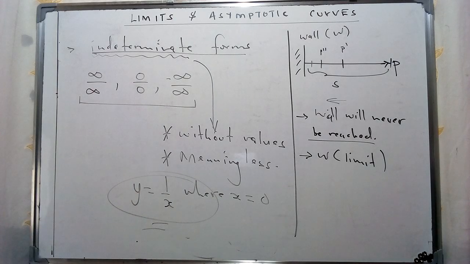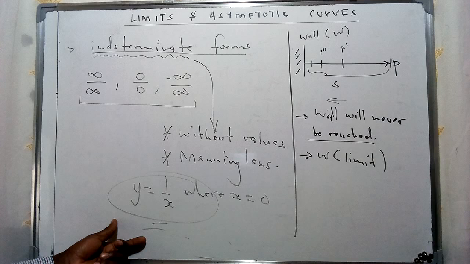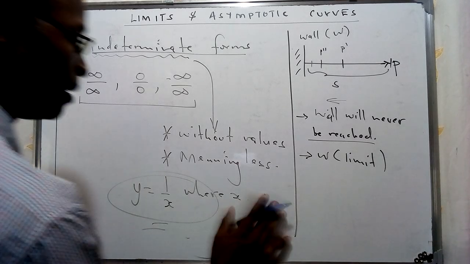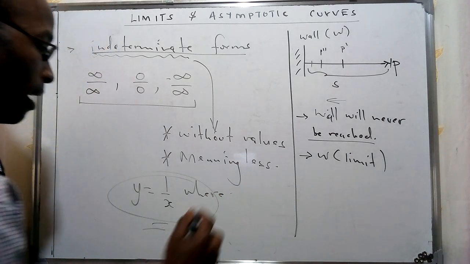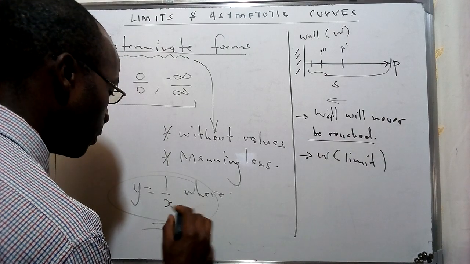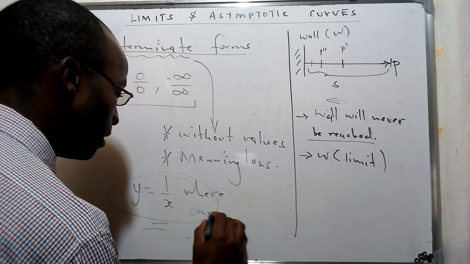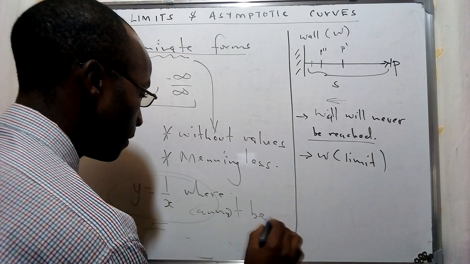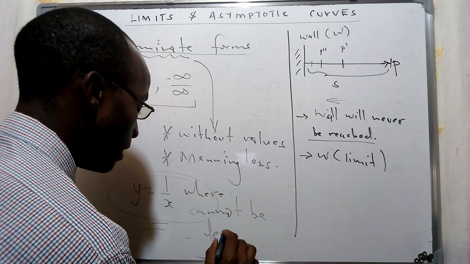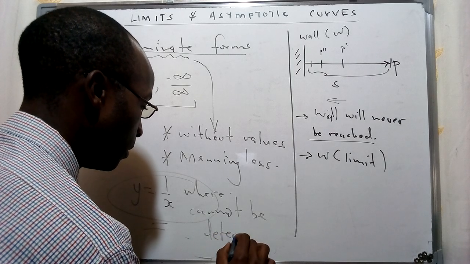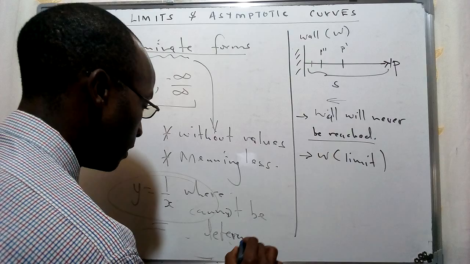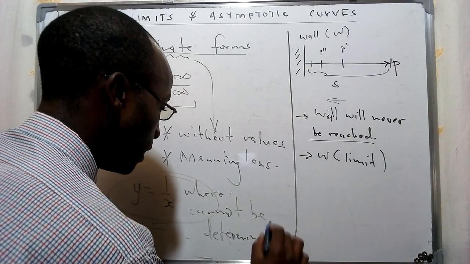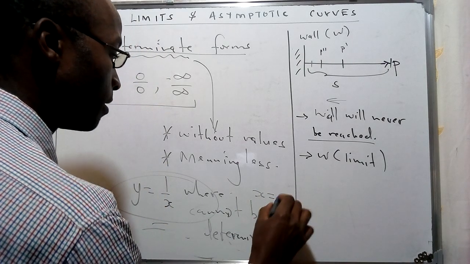It is a value which cannot be determined unless we attach a condition to it, and it cannot be determined if this value of x is equal to 0.